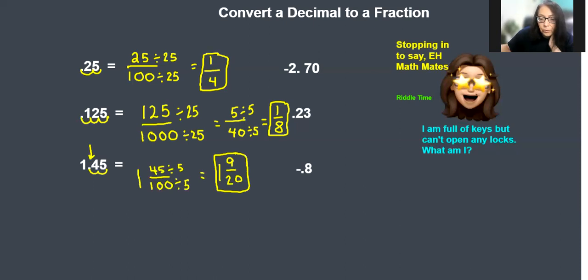This is going to be a mixed number again. How do I know that? Because there's a number in front of a decimal other than 0. So I'm going to write it as -2 and 70 over 100, since I moved the decimal 2 places. Remember back when I was teaching how to reduce fractions, if there's a 0 on the top and a 0 on the bottom, you can cancel those.